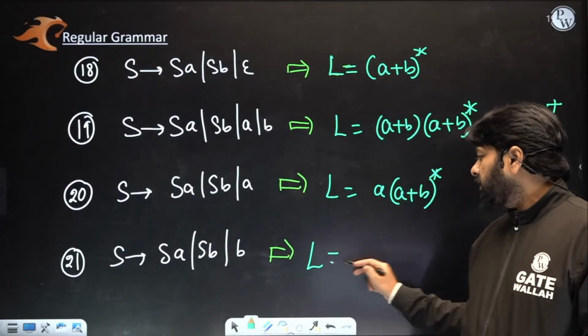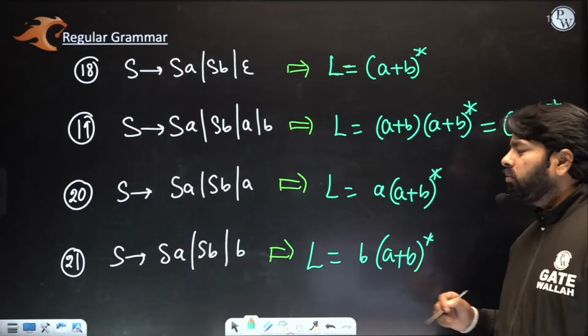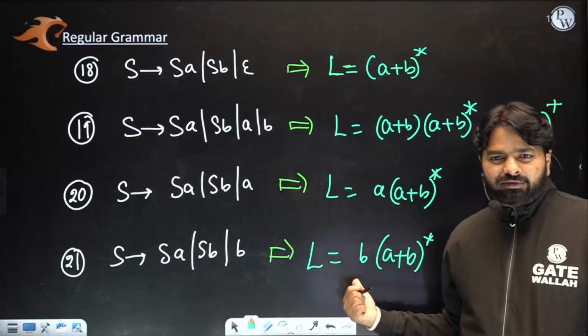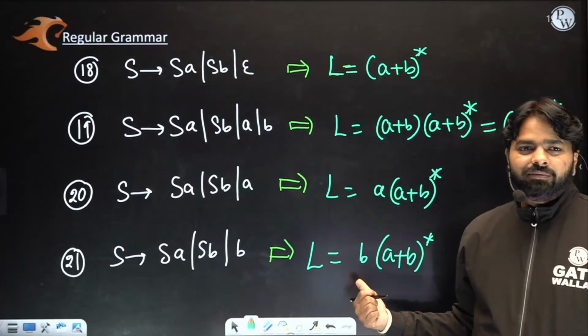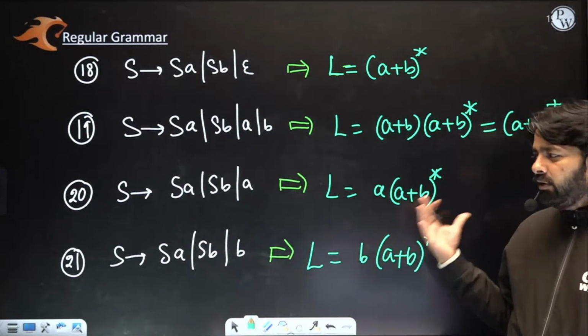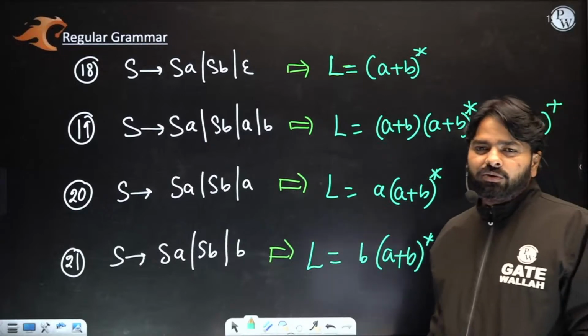So this is starting with b. By this time you should know how to write a grammar when the language is starting with a, or starting with b. Similarly, for ending with, we can also write grammars, but we'll look at a lot of examples, then you will know how to write it. How easy when you know the concept.